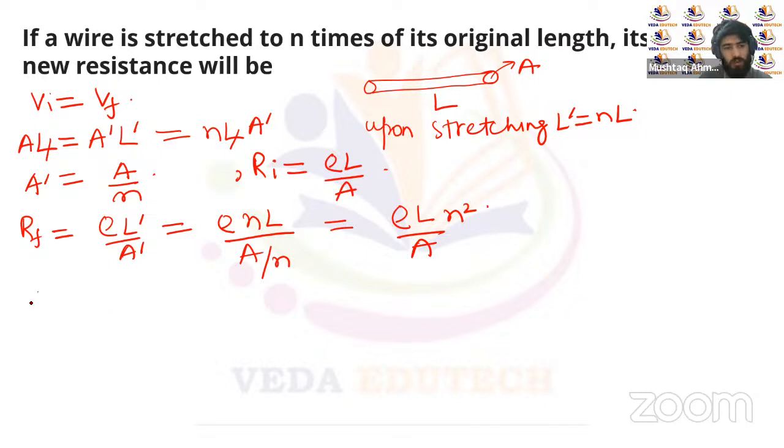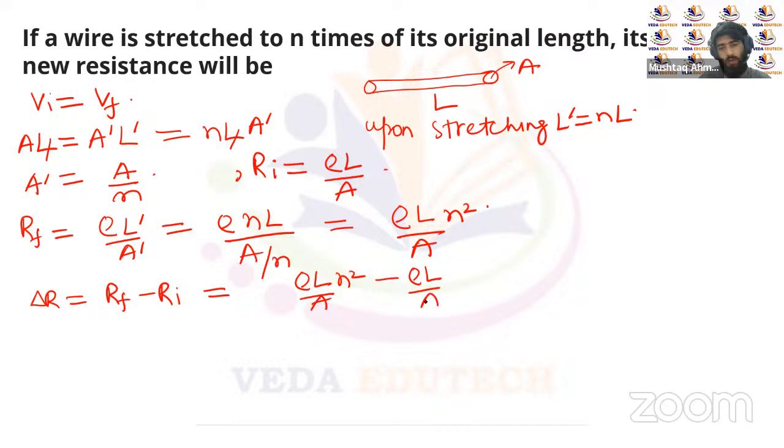So the change in resistance, delta R, will be the final resistance minus the initial resistance, that is rho L upon A times n square minus rho L upon A. We have to find the new resistance only, and we actually calculated it. So the new resistance is n square times the initial resistance, right?